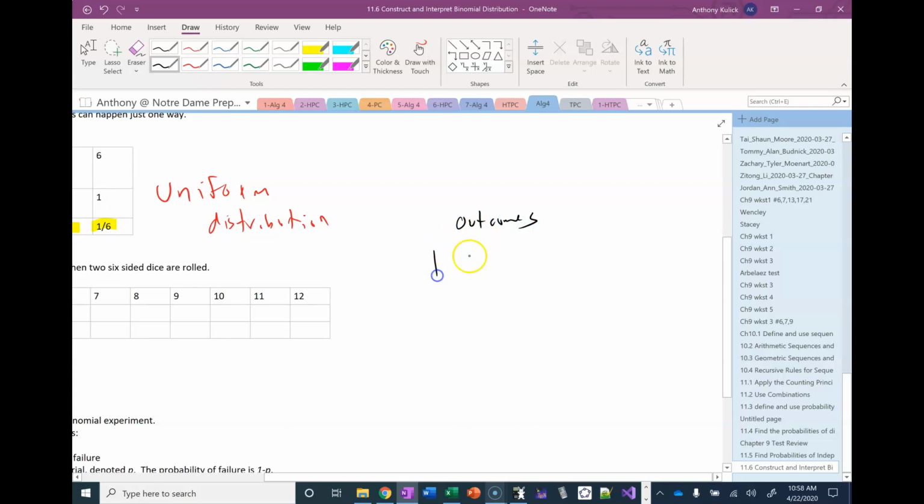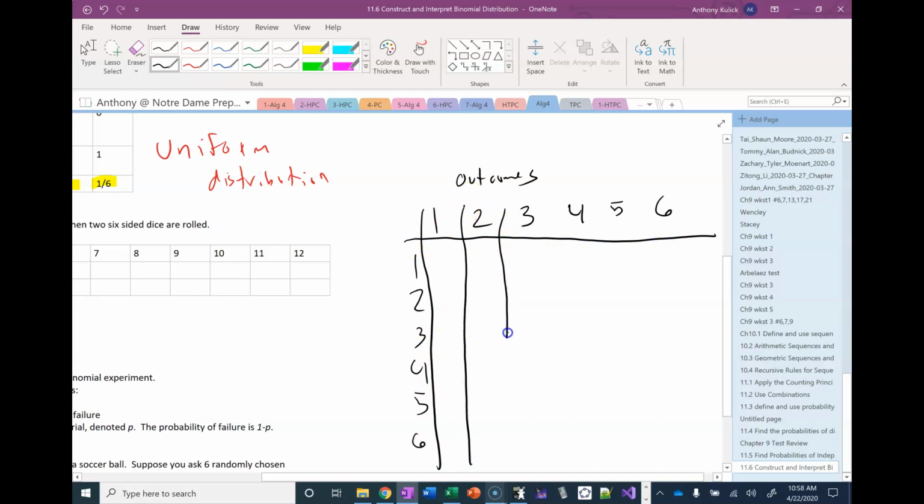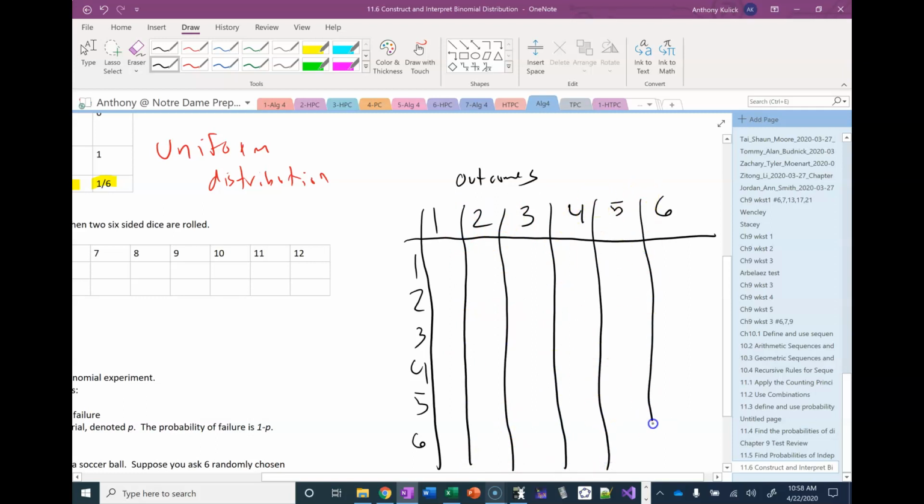This is just the outcomes for all the possibilities when we roll 2 6-sided dice, and then we add up the rolls. The row here, 1, 2, 3, 4, 5, 6, is from our first die, and the column 1, 2, 3, 4, 5, 6 is from our second die.